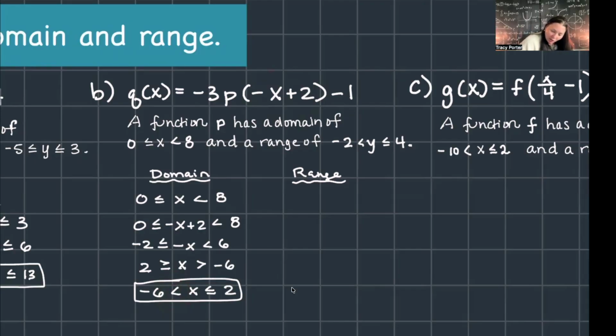The range, once the input goes in, the output, all we have to do is take the -2 to 4, multiply everything by -3. So -2 times -3 is going to be +6.